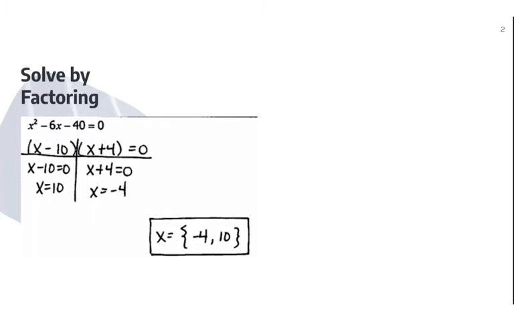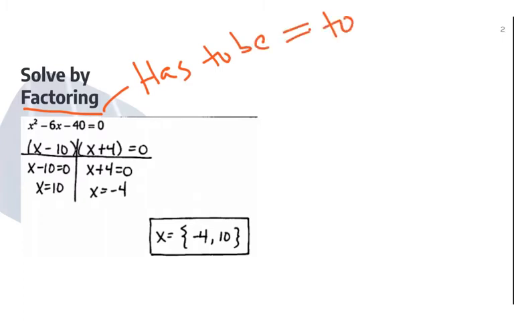All right. So we are talking about factoring. Now, one of the things that you should notice about factoring is that it has to be equal to 0. Okay, and then you need factors, right? So in this line, this equation is in standard form.